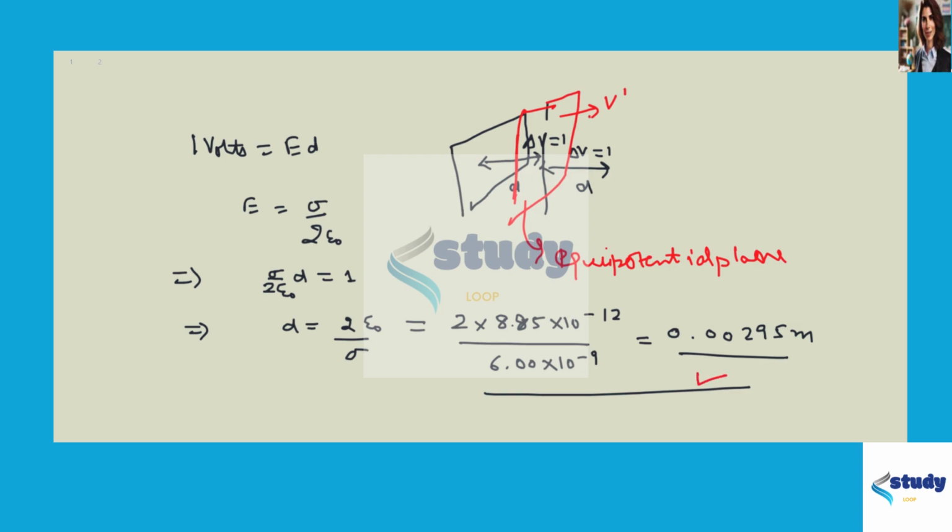So we have another sheet, or you can say plane, which has, let's say, V double prime. This is another equipotential surface. These surfaces have the same geometry as your sheet of charge.